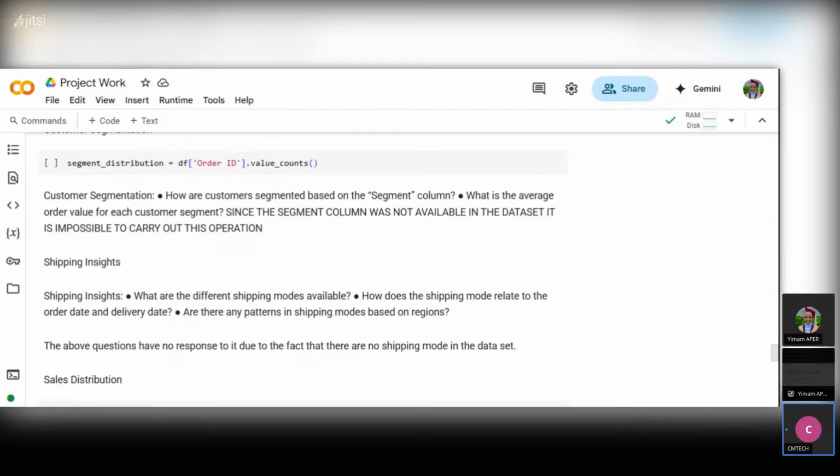Every question, you have to do more research. ChatGPT is a research tool. Google is a research tool. There are so many tools available for you. When you are working on a project, you have to go in depth.